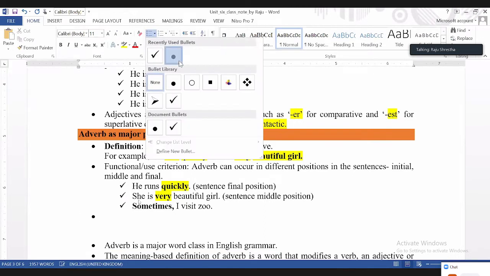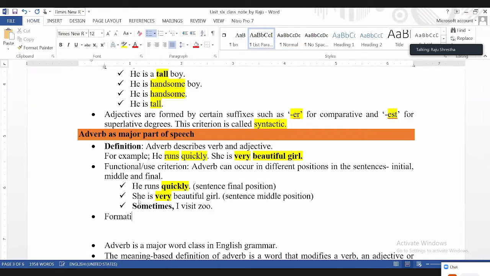Syntactic formation, from the formal point of view, or the syntactic perspective. How is an adjective turned into an adverb? How do we know from the physical shape that it is an adverb?